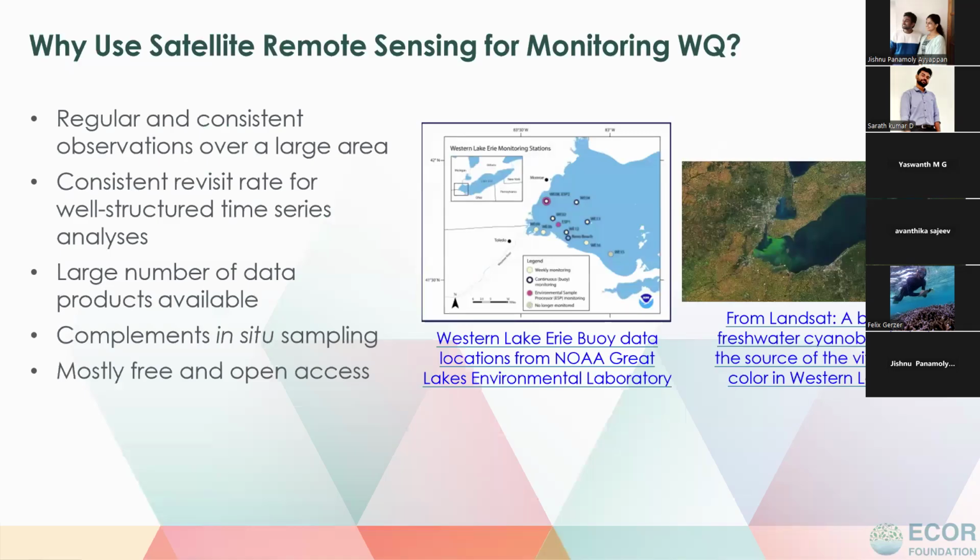So why satellite? Satellites provide consistent observation over large areas with regular revisit times. This makes it easier to detect changes over time, like algal blooms that appear within days and change daily. Most modern Earth observation missions provide data for free.